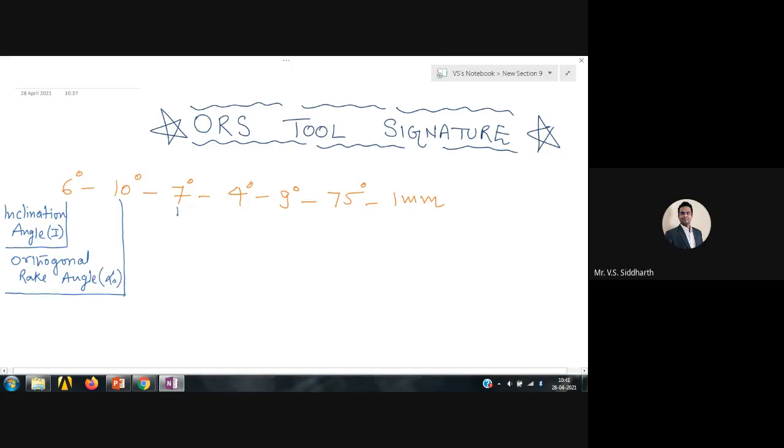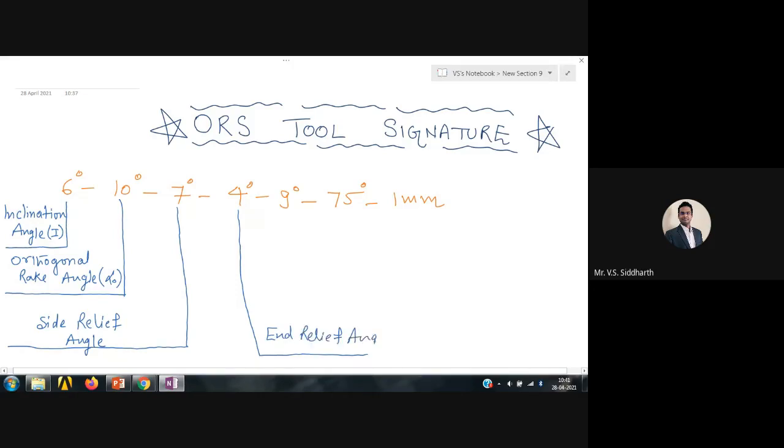The third angle is known as side relief angle. The fourth angle is known as end relief angle.